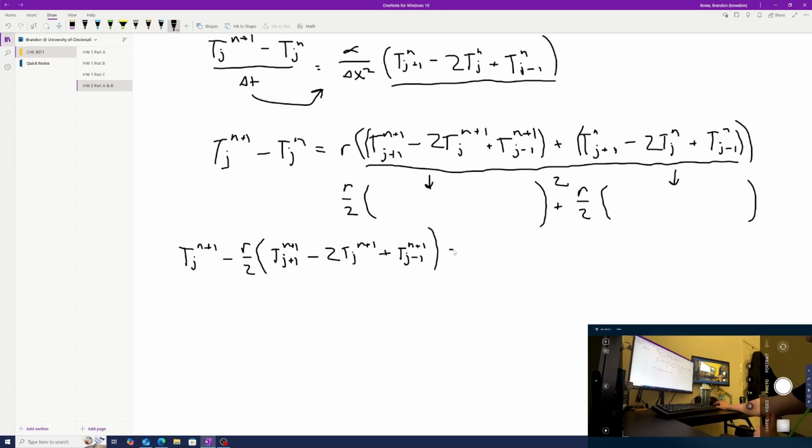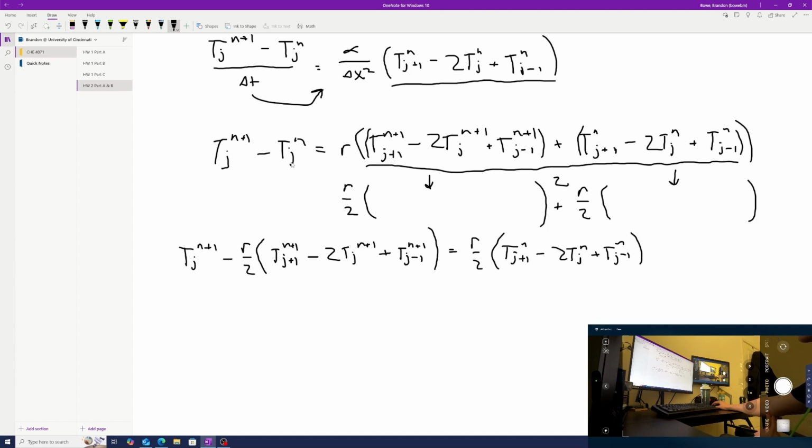And then on our right side, we have R over 2, and then Tj plus 1 n minus 2 Tjn plus our Tj minus 1 n.